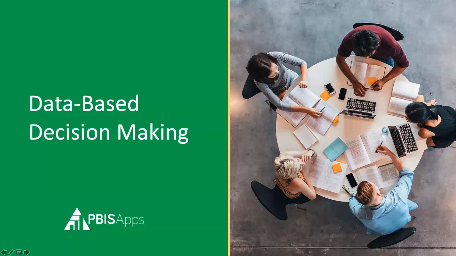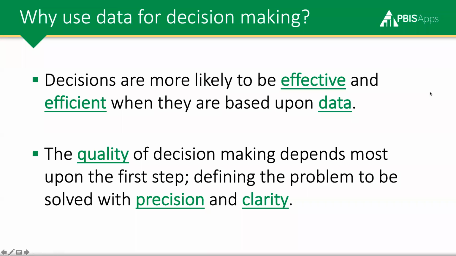So we'll start a little bit on using data for decision making. We know that decisions are more likely to be effective and efficient when they're based upon data than if they're based upon a feeling that something's not right here. We need more data to tell us really what's going on. You may hear in your school a lot of staff members saying, boy, our cafeteria is just really out of control.